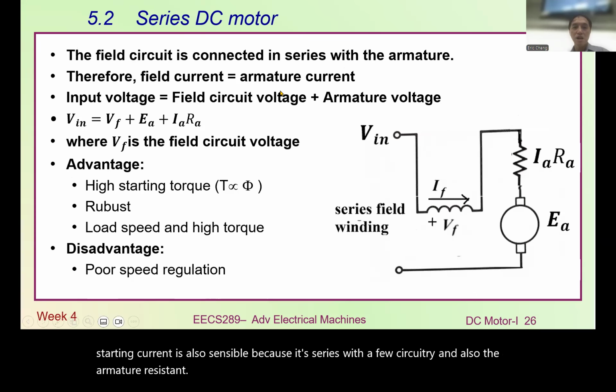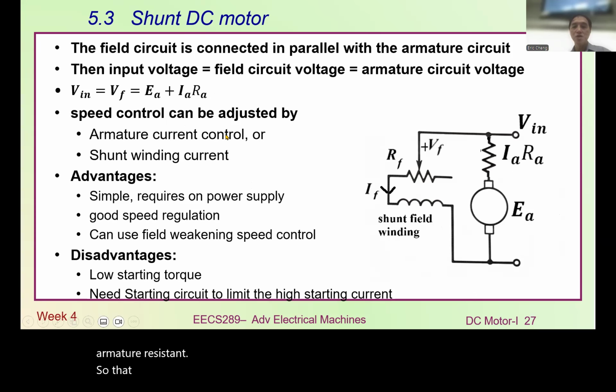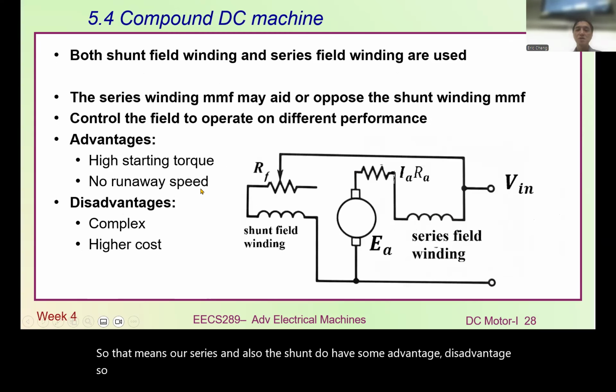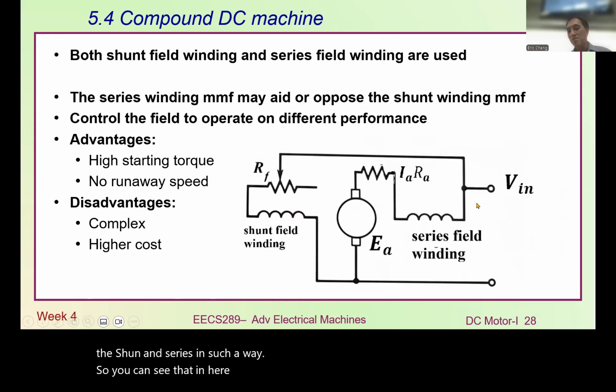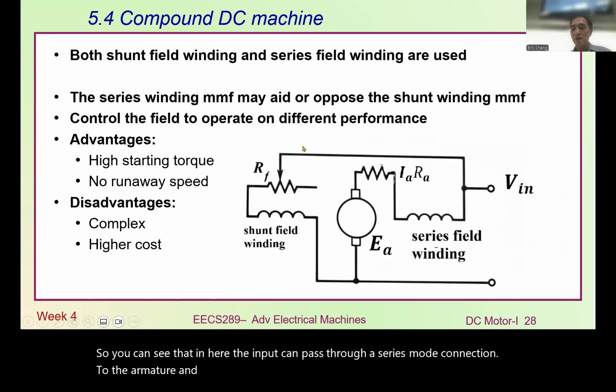So that means the series and also the shunt do have some advantages and disadvantages. So usually people will try to work on a combination of both, the shunt and series, in such a way. You can see in here, the input voltage can pass through a series connection to the armature, and then they are also in parallel with another field winding.